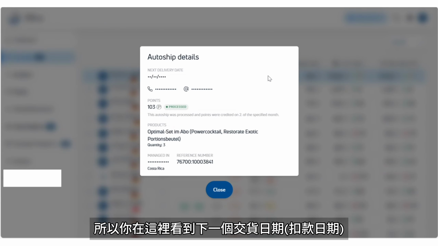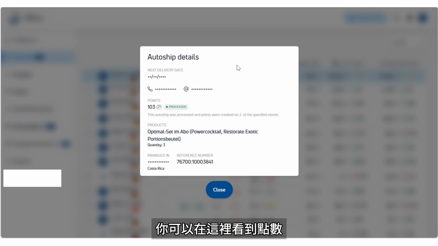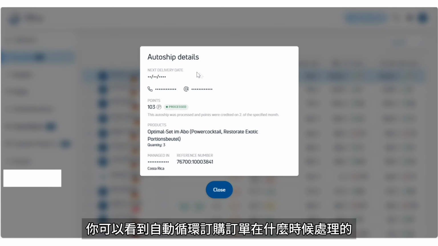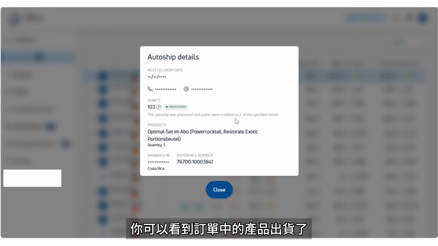So you see here the next delivery date, the points, when the ordership was processed, the products that are in the ordership, the entity, let's say the country or the direct sales center, where this ordership is managed, and a reference number to the ordership.